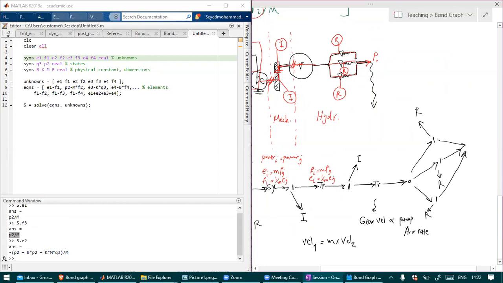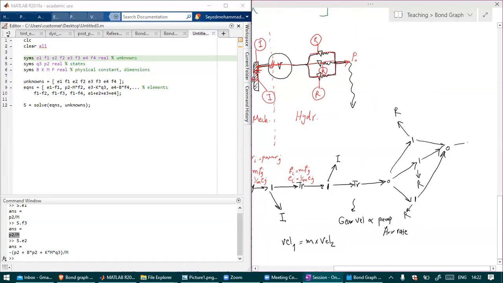Is it the flow that is added up, or is the effort, the pressure? No, we have basically three currents coming together. It is the flow that is adding up, right? Yeah, flow is adding up. So we have a 0 there to basically add the flow.